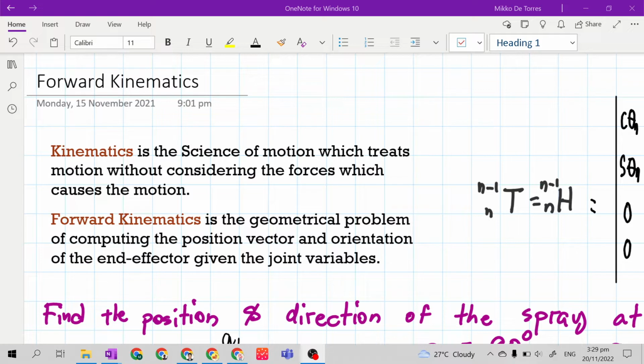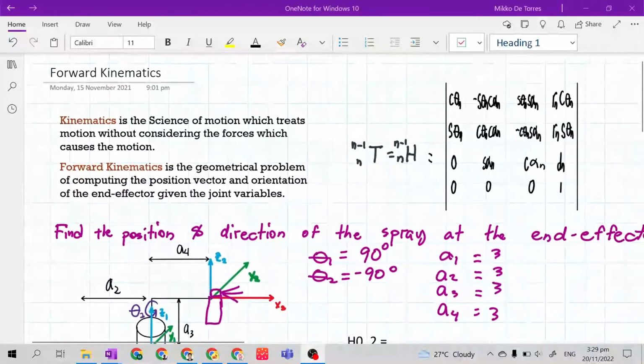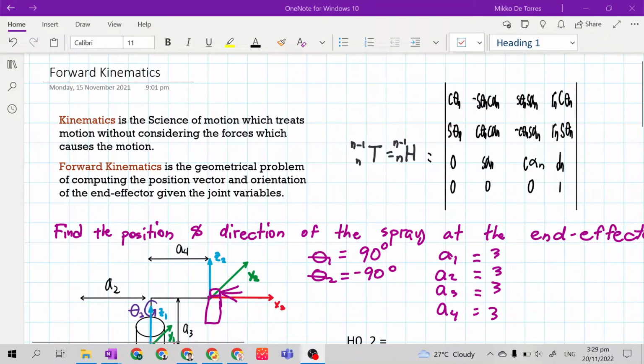the joint variables. After constructing and filling out the parametric table, or doing the long method, which is deriving the rotation matrix and the position vector for the mechanical manipulator, you will have what we call the homogeneous transformation matrix.